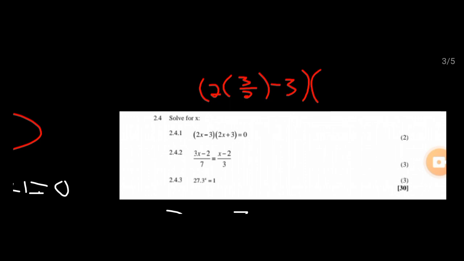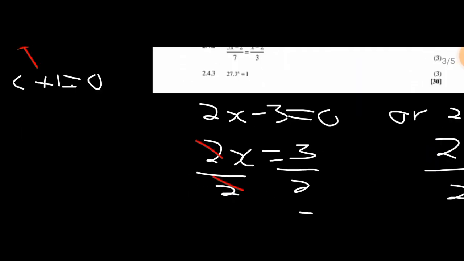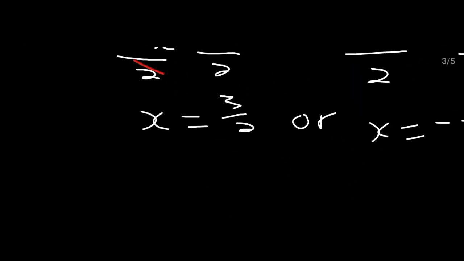Close bracket, open bracket, 2 multiplied by 3 over 2, and then plus 3. Then enter it in your calculator, the answer is 0. So this one, 3 over 2, is correct.